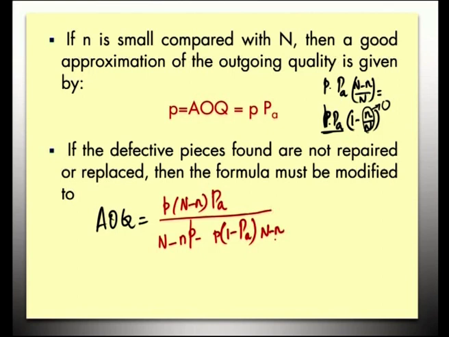They have to be removed, and the formula becomes P into (N minus n) PA, and by cancelling, we see that it becomes capital N minus P into n PA plus capital N into (1 minus PA).